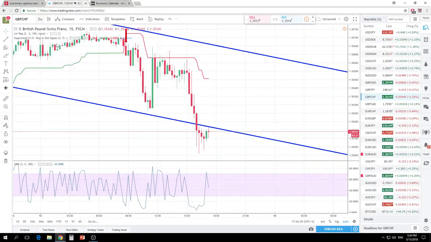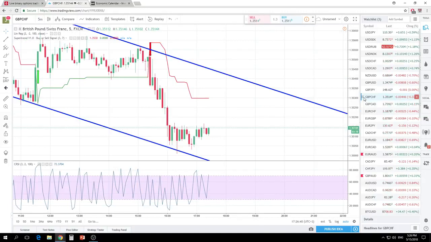Meanwhile, GBP Swiss franc is also showing us a normal chance to earn some money.